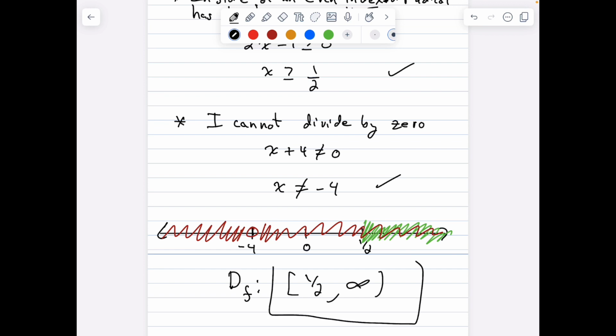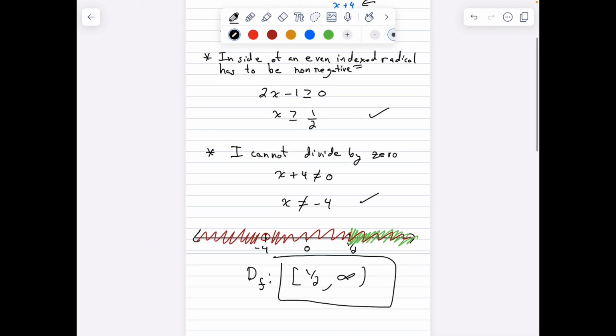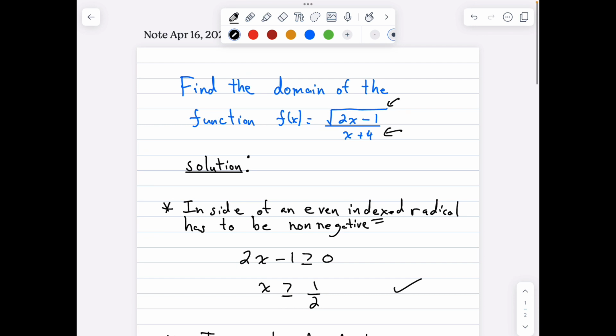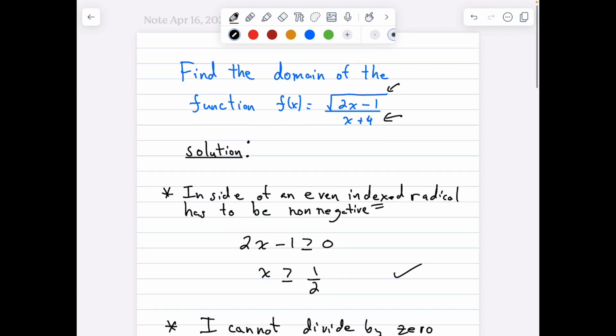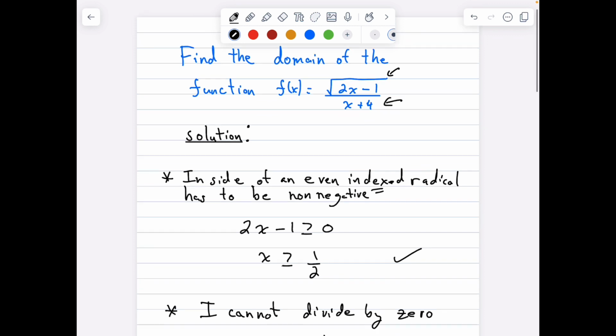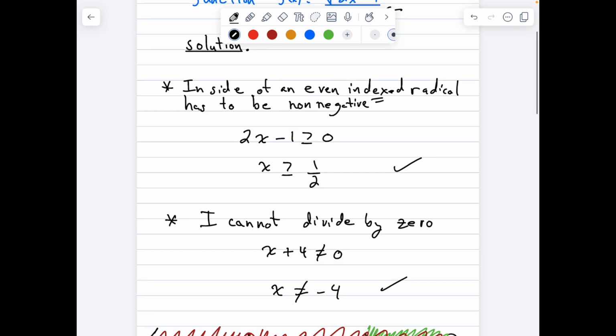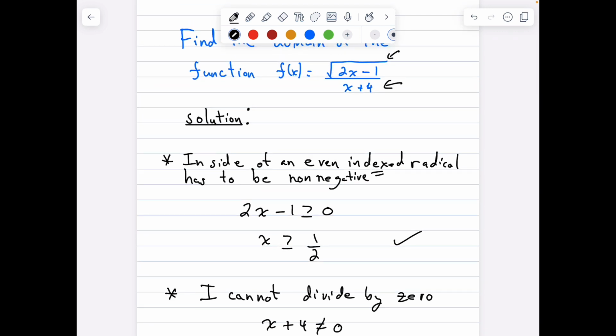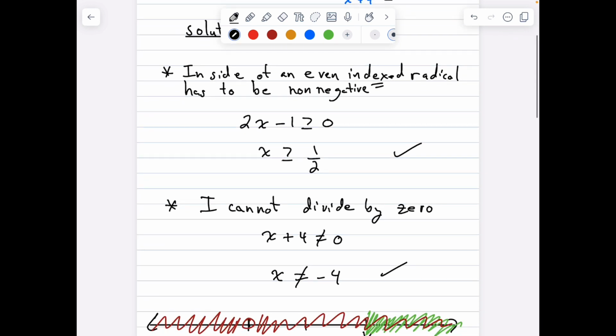So the big deal here is you look at your original function and see if you have any restrictions on it. In this case, we had a radical, a square root, and as I said, the inside of an even index radical has to be non-negative, so it's got to be greater than or equal to 0. We wrote down that restriction, and then we also noticed that we had a fraction, so you cannot divide by 0, and we said x plus 4 cannot equal 0.